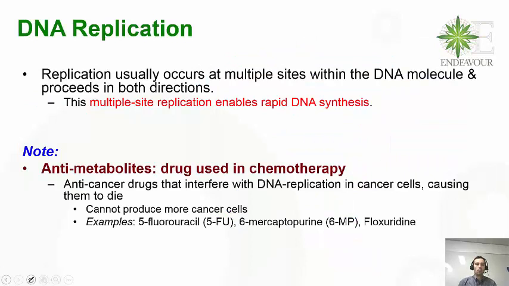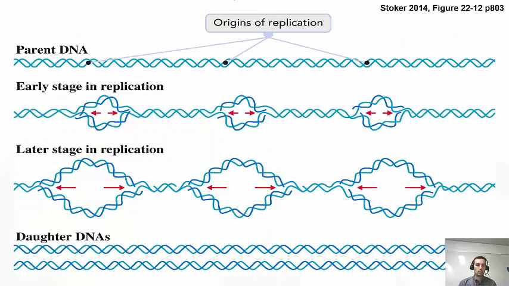Another important point about our DNA replication is that we have multiple replication sites within our DNA. It's not just one replication fork opening up, allowing us to start copying the separated strands. We have multiple points, which we can see in this next slide.